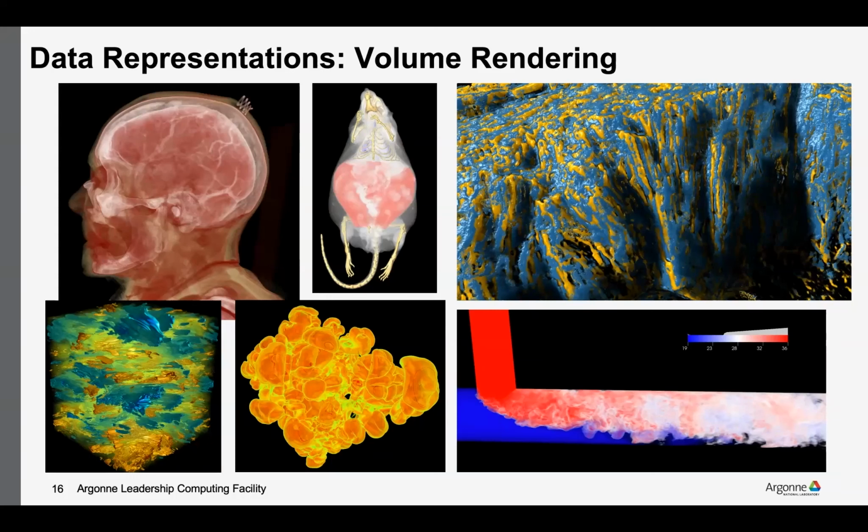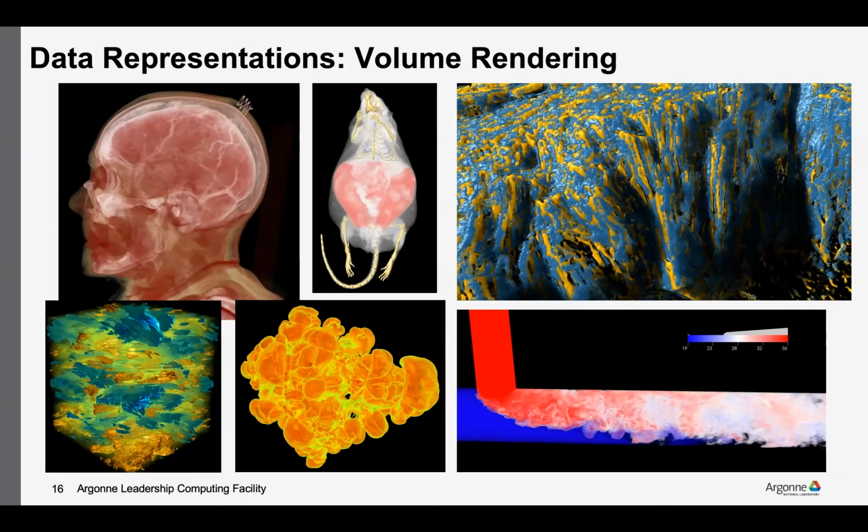Whenever you intersect a data point in the data set, you look up the value of that sample and use a color table and a transfer function, which maps that value to a color value and a transparency. So the transfer function is what says what the opacity is.